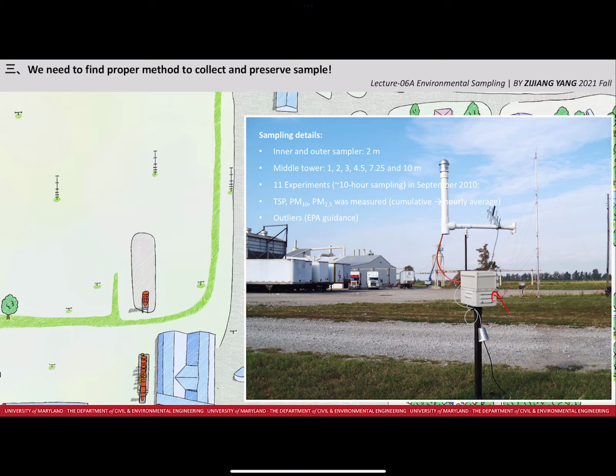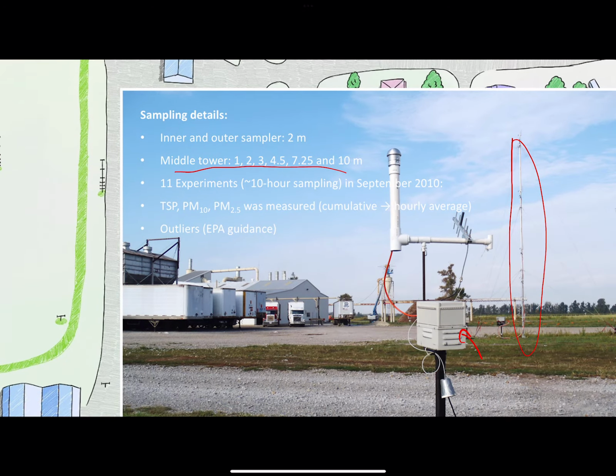This is a 2-meter sampler, which is very short. We also have a 10-meter sampling tower, with samplers at different heights. In this experiment, we are interested in total suspended particulate, PM10, and PM2.5. And this is the sampler of the particulate matter.